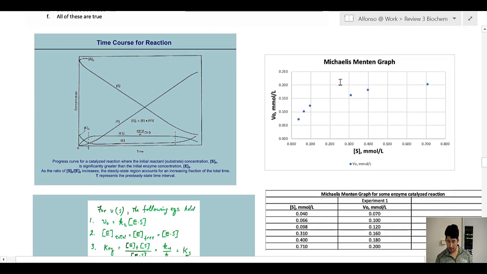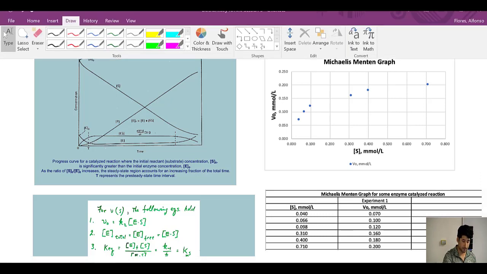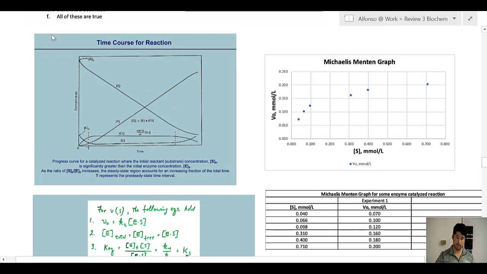Okay, so this right here is a Michaelis-Menten graph, but I just haven't drawn that rectangular hyperbola that you're used to. That's because this graph is an actual graph from a real experiment that was conducted. And as you know, in real life, the numbers aren't that pretty.